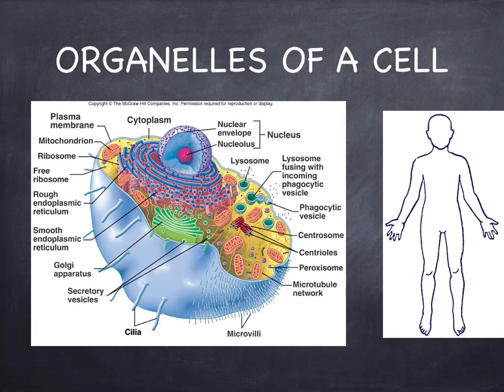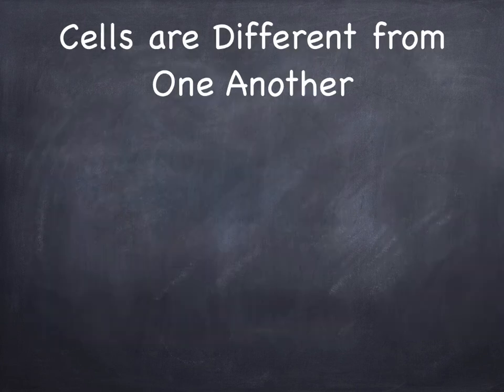Cells are very, very different from one another. One of the ways to illustrate that in our class is to look at 8 different cells and begin to get a bit of how they are all different and how they're all alike.